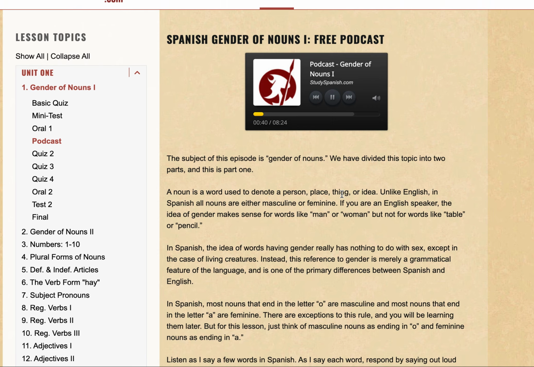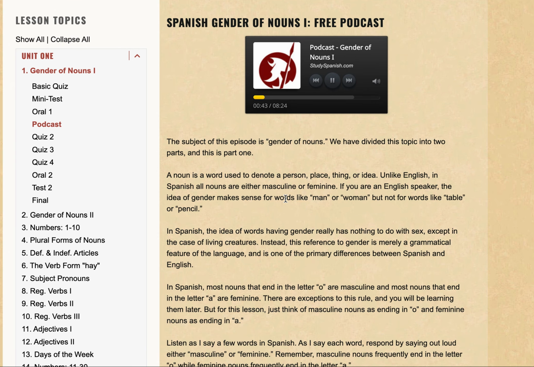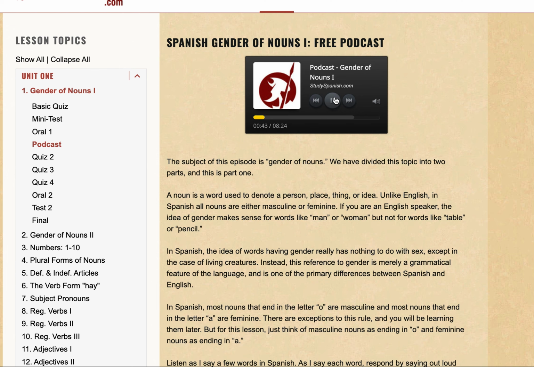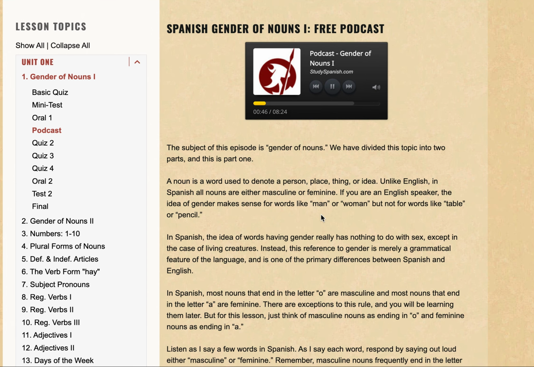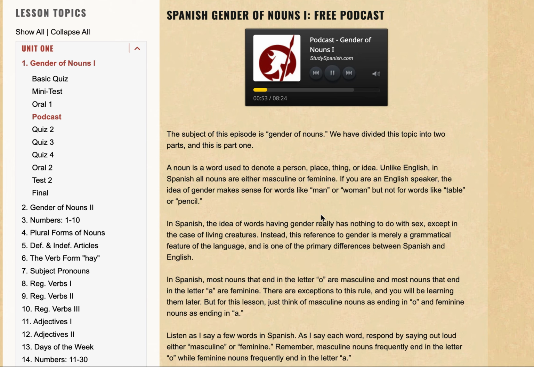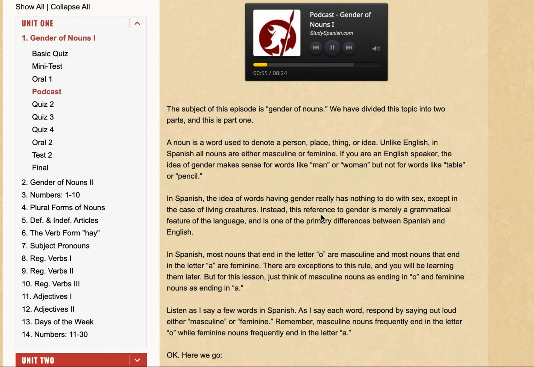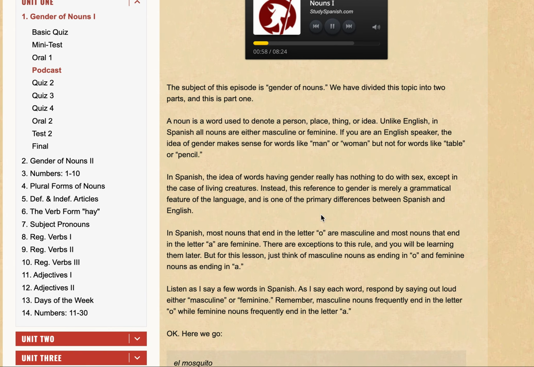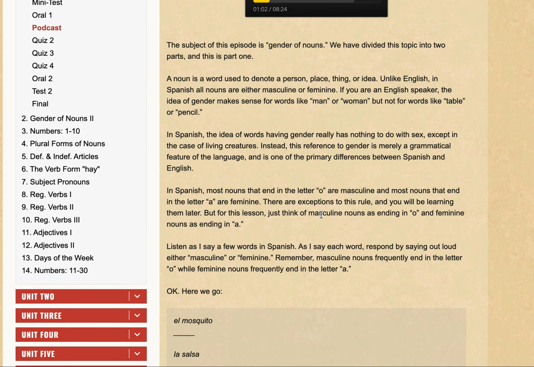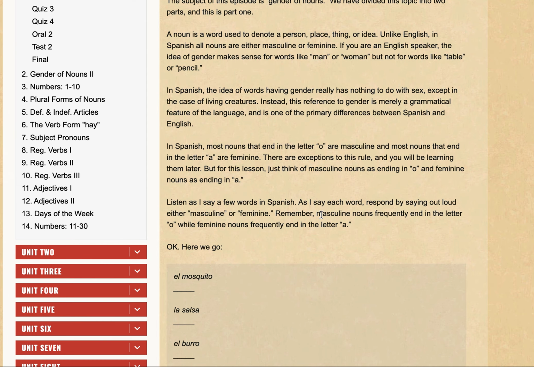If you are an English speaker, the idea of gender makes sense for words like man or woman, but not for words like table or pencil. In Spanish, the idea of words having gender really has nothing to do with sex, except in the case of living creatures. Instead, this reference to gender is merely a grammatical feature of the language, and is one of the primary differences between Spanish and English.